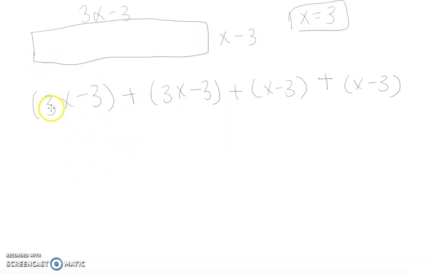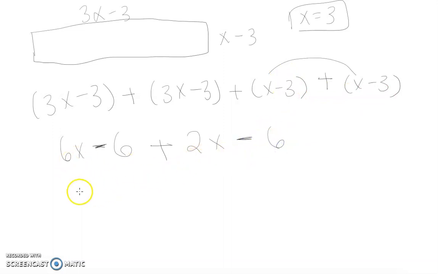So now 3x plus 3x is 6x, and then a minus 3 plus a minus 3 stays negative because it's 2 minuses, so 6, because it's like 3 plus 3, but you have the negative. And on this side, it's 2x, and minus 3 and minus 3, also minus 6.